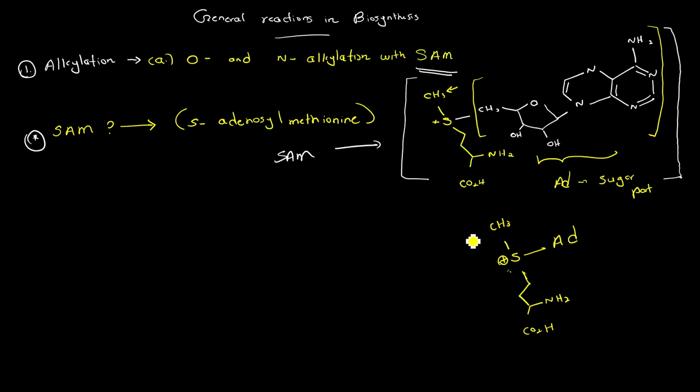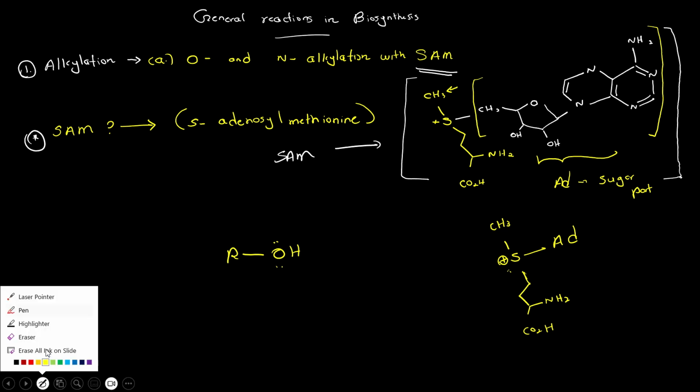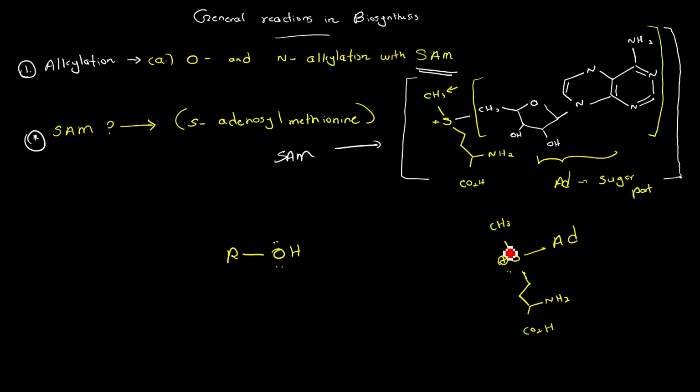So let's say we have a group like this, ROH. Now what happens is, you can see this sulfur has a positive charge, so it needs electron density. So it will break the bond in here and take those electrons, because our oxygen over here will attack this particular methyl group, right?